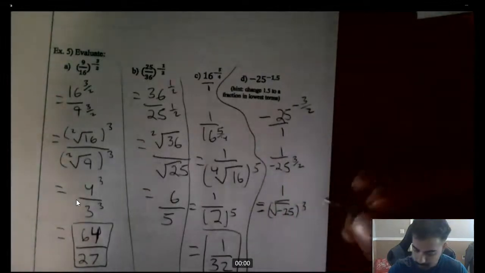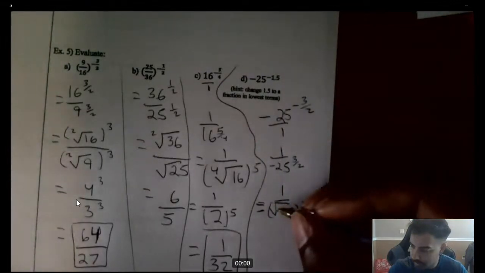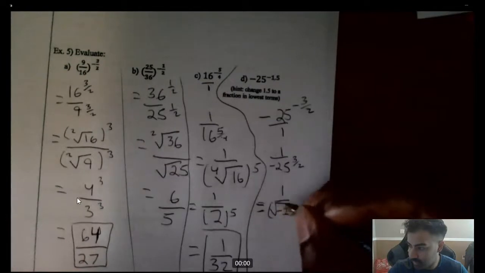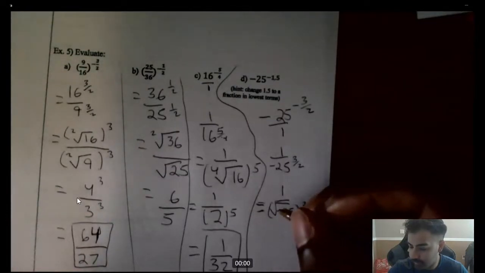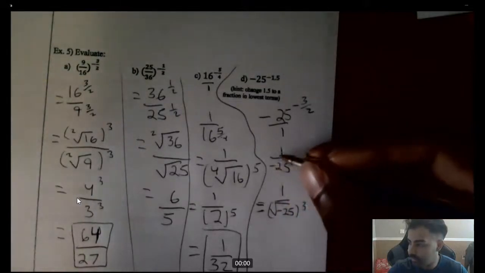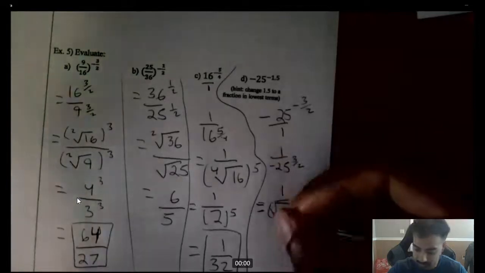Okay, so this part you can't do. So the negative, I kind of messed up here. What number multiplied by itself gives you negative 25? So this is actually impossible. You can't really do this, because 5 times 5 or negative 5 times negative 5 will give you positive 25. So over here, this negative is on the fraction, so you can put it at the top. I shouldn't have put it here.